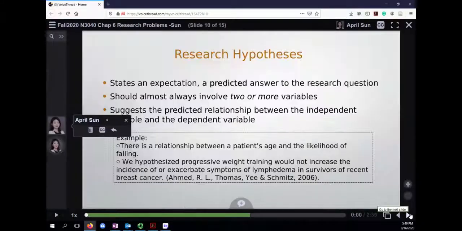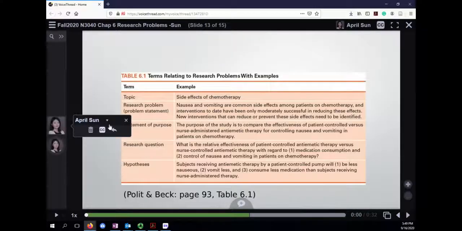And another example is from your textbook. The side effects of chemotherapy is a topic which you have posted last week. And the problem statement is: interventions have been only moderately successful, and so new interventions need to be identified.